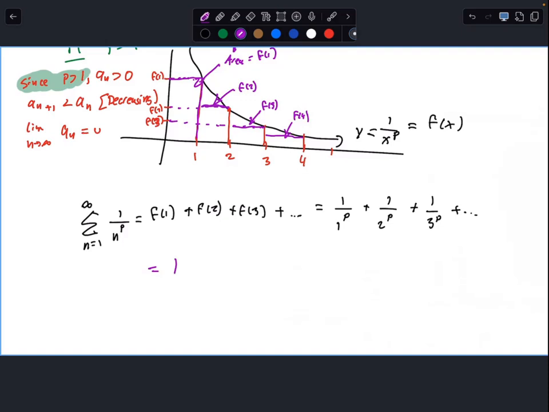So this is equal to 1 plus the series from n equals 2 to infinity of 1 over n to the p. And you'll see why I'm writing this and breaking it up.